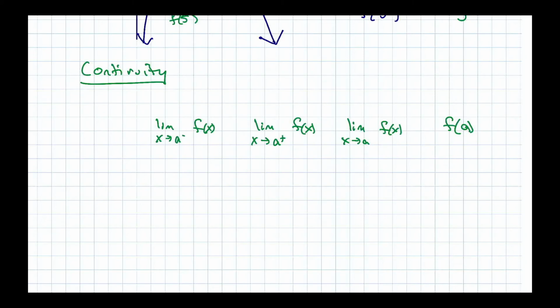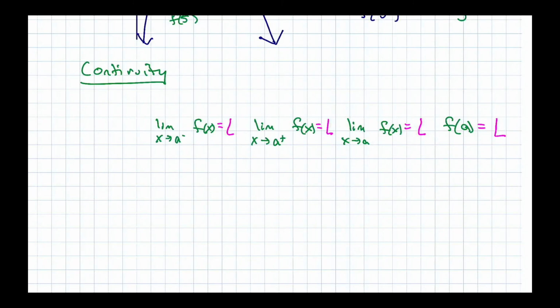Okay, so all of these have answers, right? If all four of these have the same answer, like if this is L, and this is L, and this is L, and this is L, then the function is continuous at x equals a.